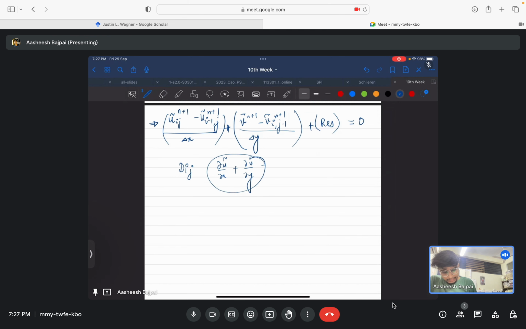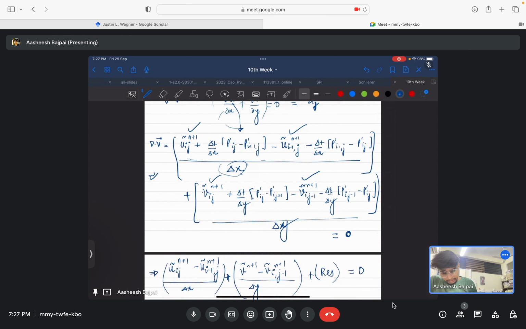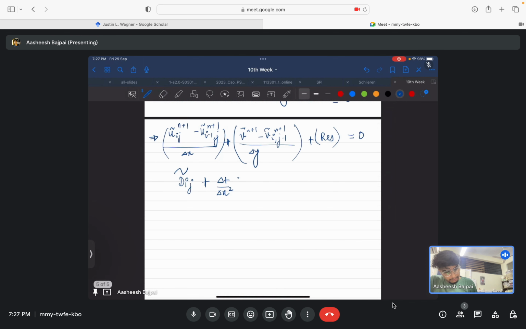So this is like that, but this is not equal to 0, which I am calling d tilde i j right now, plus delta t by delta x square, because this delta x will go and this will become delta x square. And now we will write the pressure term, p dash i plus 1 minus p dash i plus 1 comma j.